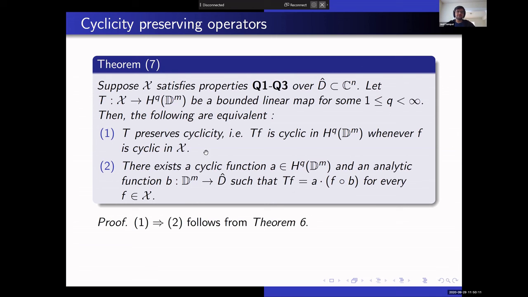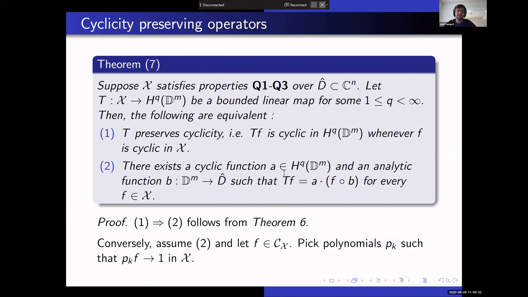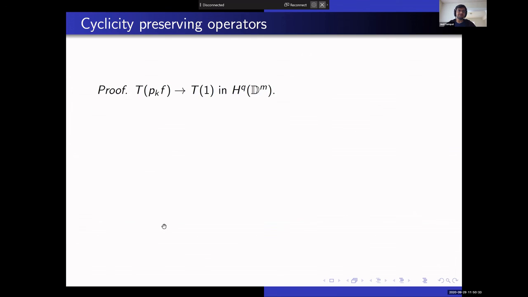So 1 implies 2 is a direct consequence of theorem 6. For the converse, assume that I take an f in Cx. I want to show that Tf, which is this function here, is cyclic. I pick polynomials that provide the cyclicity for f, meaning I take polynomials pk such that pkf converge to 1. Since my operator T is bounded, that implies T of pkf converges to T of 1.